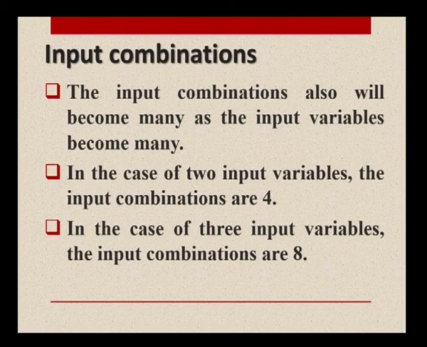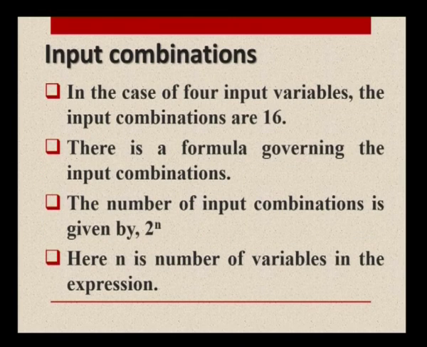The input combinations also will become many as the input variables become many. In the case of 2 input variables, the input combinations are just 4. In the case of 3 input variables, the input combinations are 8. In the case of 4 input variables, the input combinations are 16. Each time you increase the variable by 1, the combination number doubles.